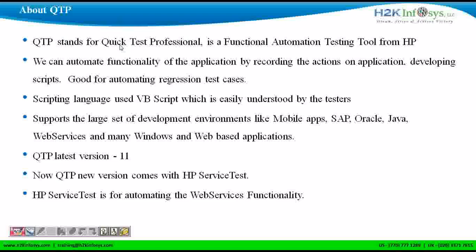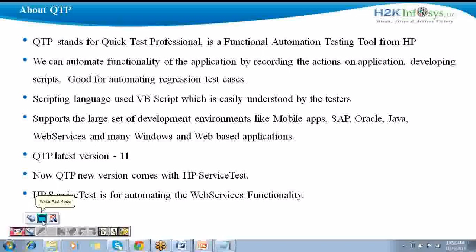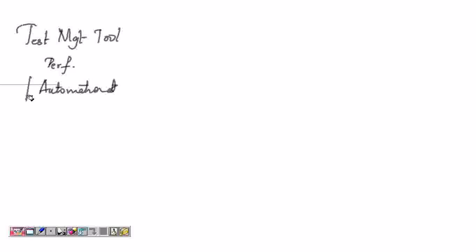So QTP stands for Quick Test Professional, and it is called a Functional Automation Testing Tool. Okay, there are a lot of categories of tools first of all, right? So we have the test management tools, and then we have the performance testing tools. We have the automation testing tools, right? So our QTP falls in this category.